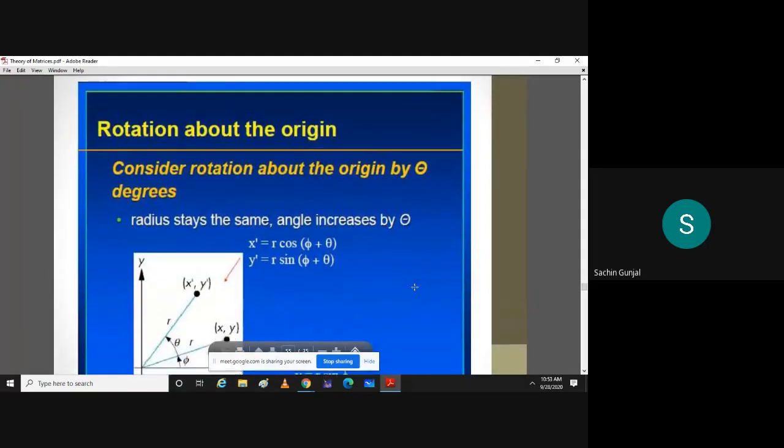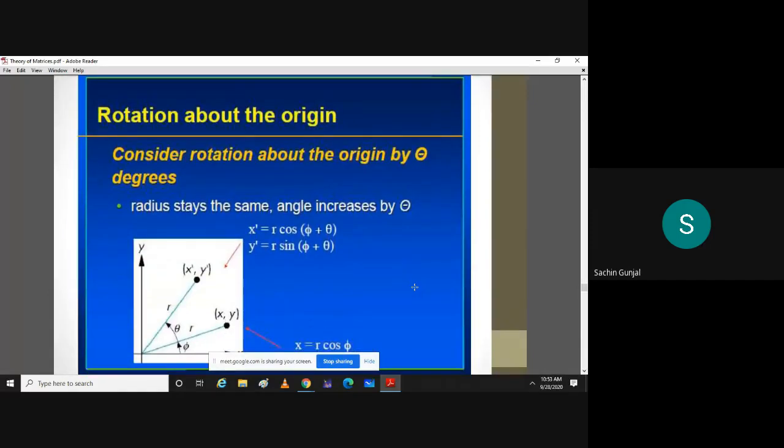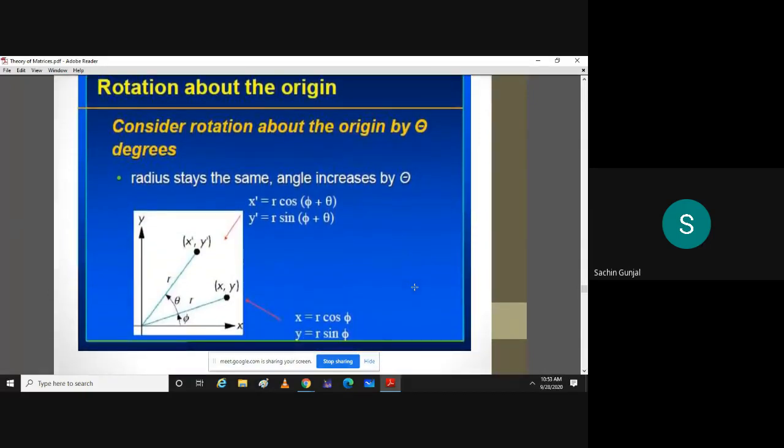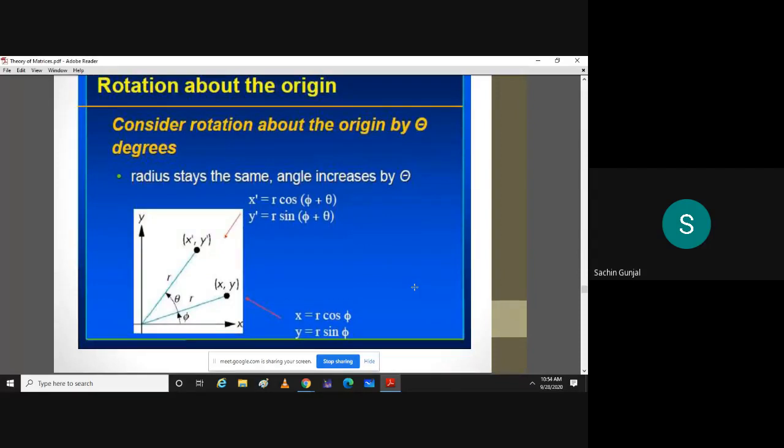Then third is rotation of a vector about origin. So just understand whatever I'm saying. Let x comma y be the given vector, which makes an angle phi with positive x-axis.